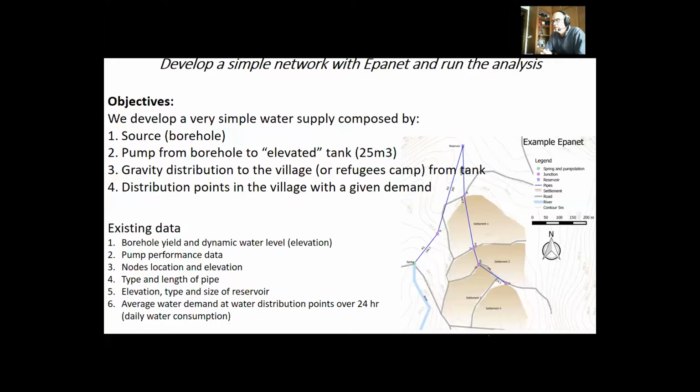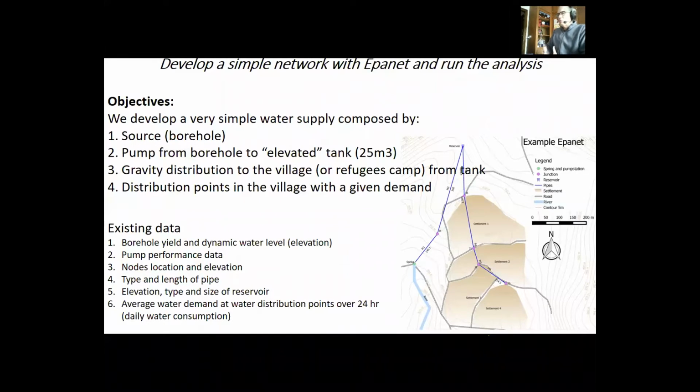But what you need definitely is the elevation of this point. You need to know if a pump is requested or not. If it is by gravity, which is hopefully like that because it's cheaper, you don't need any pumps, but in most of the cases you need a pump.